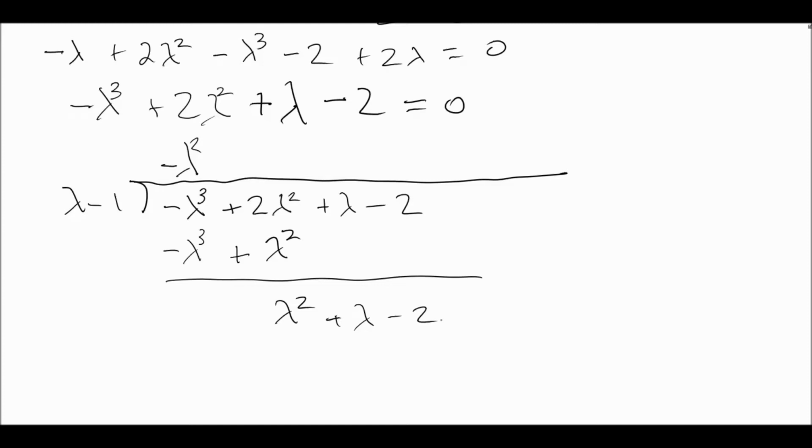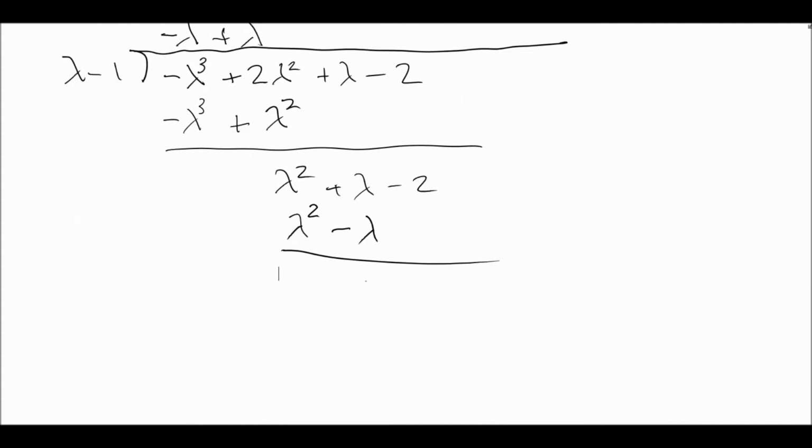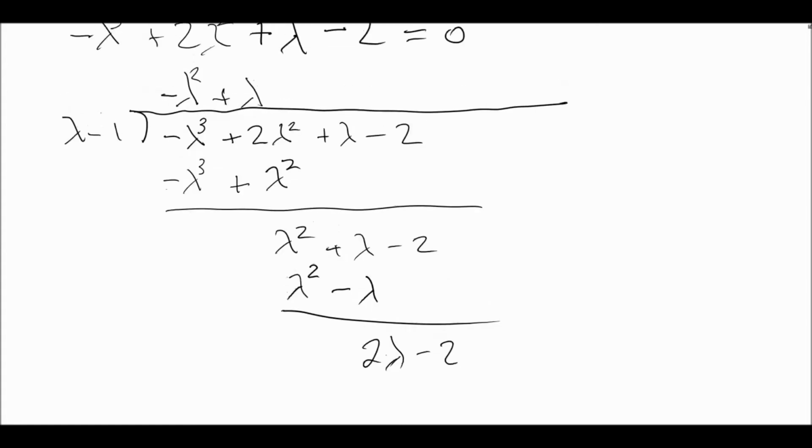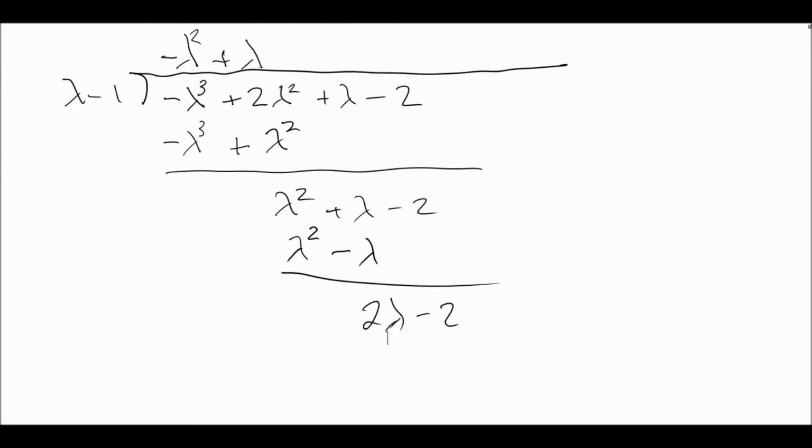Then, we have to calculate what we need to multiply lambda by in order to get lambda squared. Our next term is plus lambda. When we multiply that out, we get lambda squared minus lambda. The first row minus the second row gives us 2 lambda minus 2. So what do we need to multiply lambda by to get 2 lambda minus 2? And we get 0.